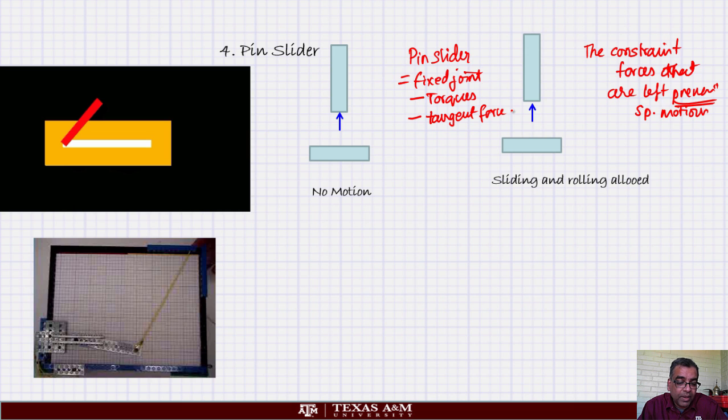Okay, so that's the basic idea. A pin slider equals fixed joint minus torque minus tangential force. So it is left with only normal force.